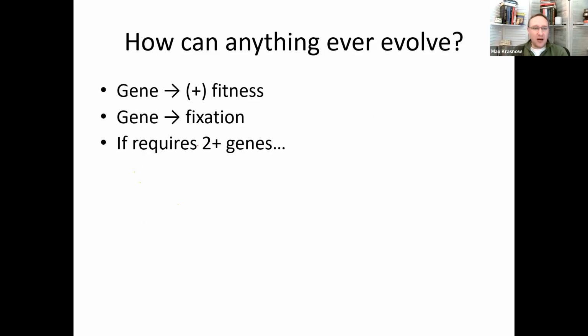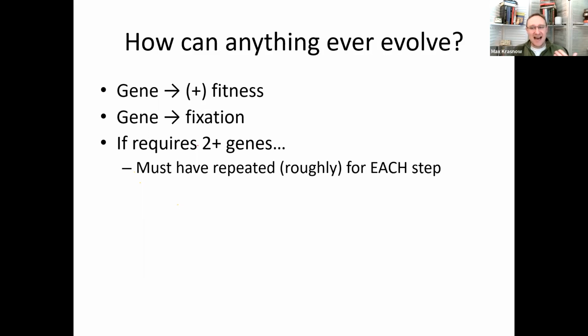For anything more complicated than that, anything that requires two or more genes working together to produce the trait, for these genes to be selected by natural selection, this process has to have been repeated more or less one step at a time.